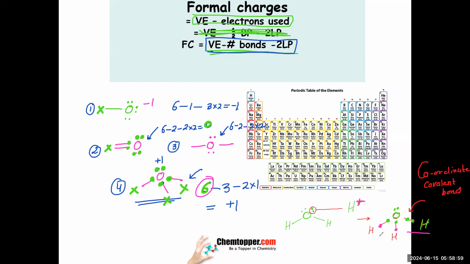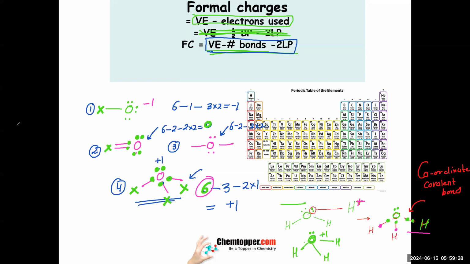Can you check the formal charge here? Check the formal charge in this molecule. Sorry, in this one. I'm making it again. Formal charge on the oxygen is +1 because it's giving its electron to hydrogen.